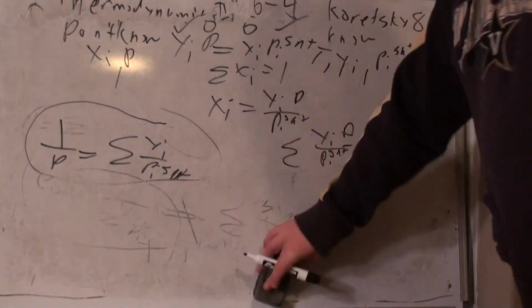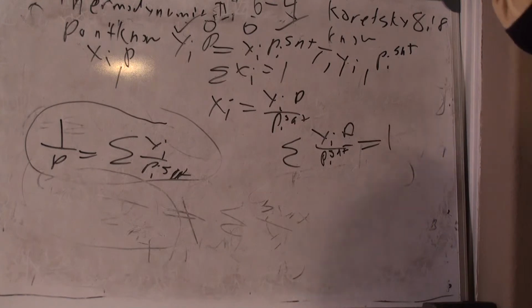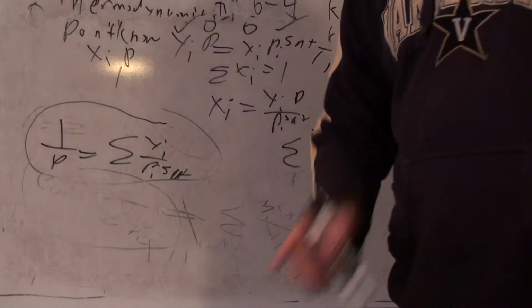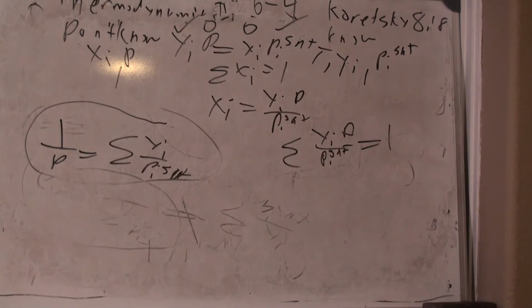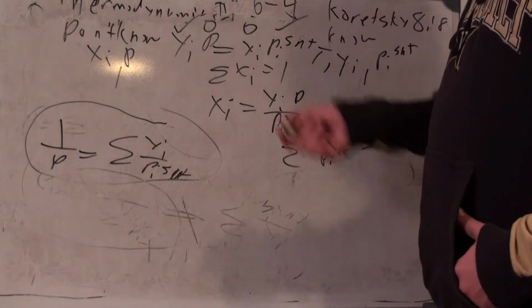Okay, so we're going to do that. But I ask myself first, do I know yi? Yes, I do. Do I know Pi sat? Yes, I do. And so I know enough to just plug things in. I'm going to do that, and then I'm going to inverse the answer. Okay, and now I'm going to have P.